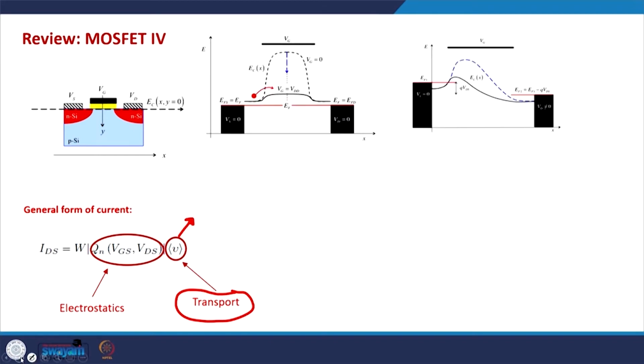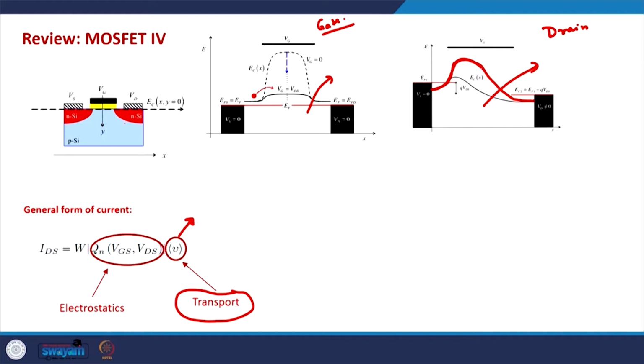So with this we saw that on application of a gate voltage, this is how the barrier in the channel is changed, and on application of the drain voltage, this is how the barrier in the channel of the MOSFET looks. This barrier in the channel is due to the structure of the MOSFET, because we have N-type contacts and a P-type substrate.